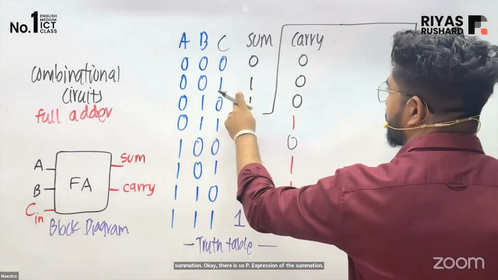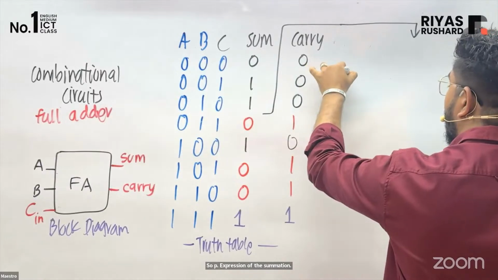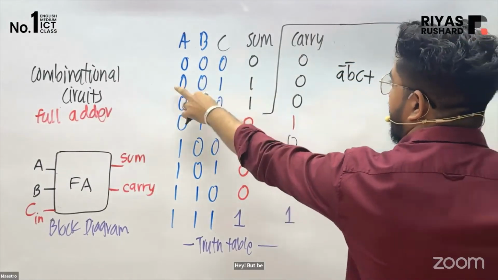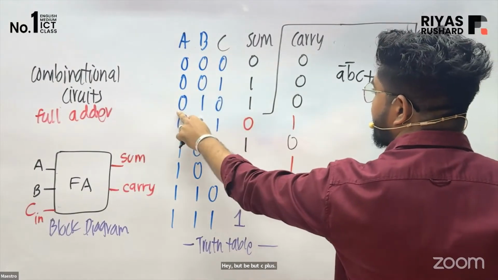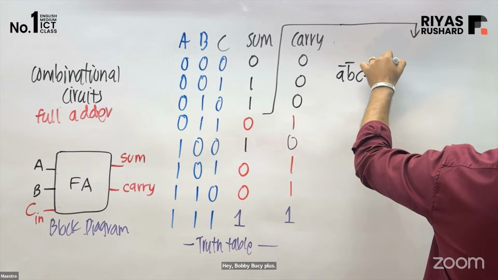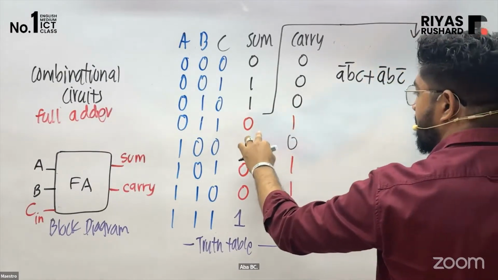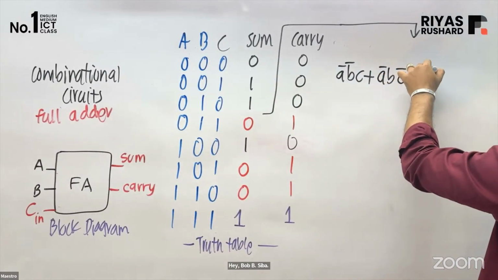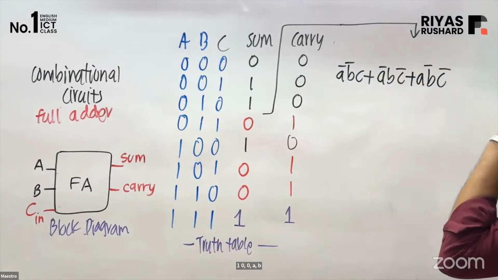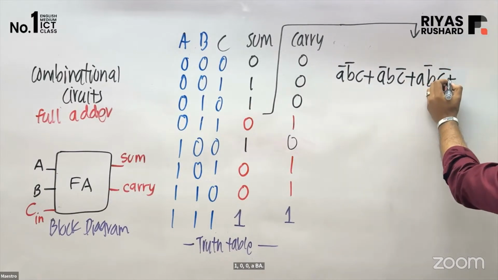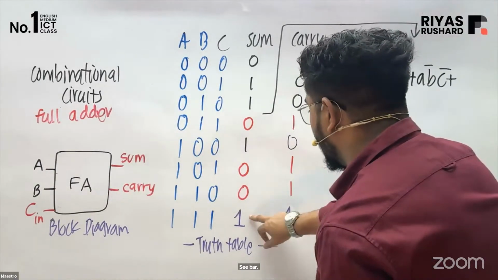The SOP expression of the summation is A bar B bar C plus A bar B C bar plus A B bar C bar. And finally A B C.